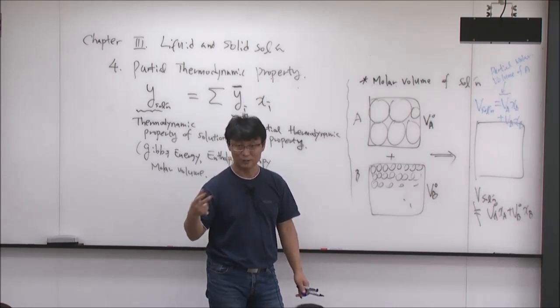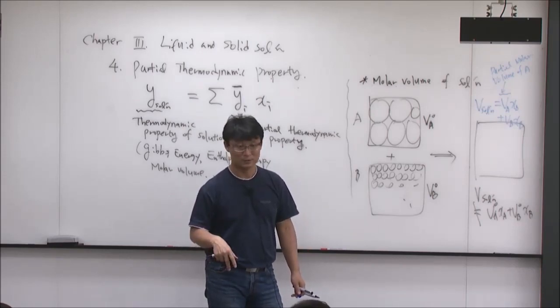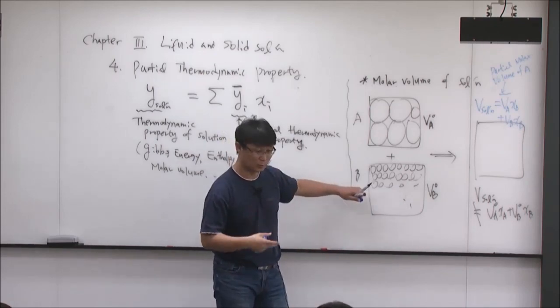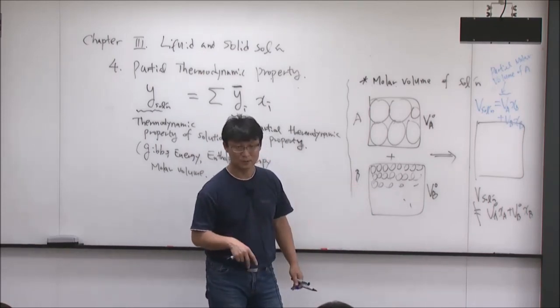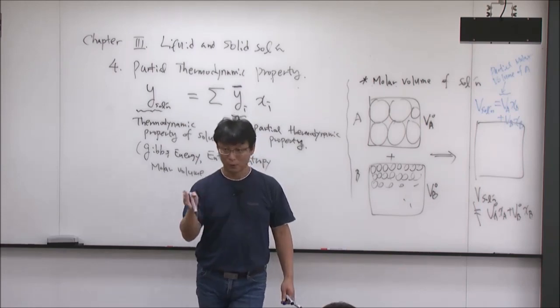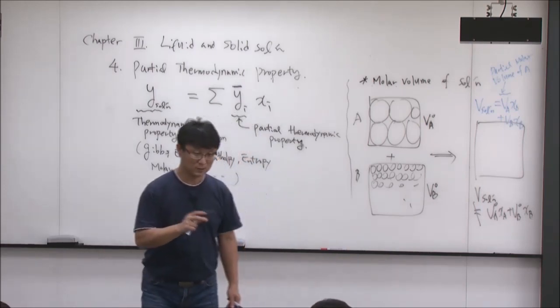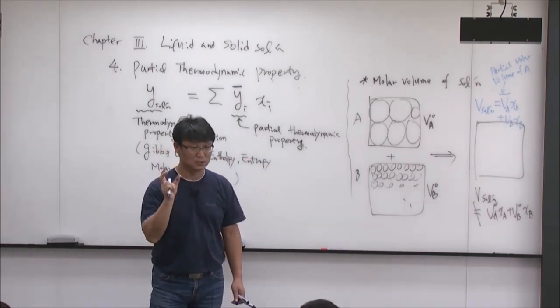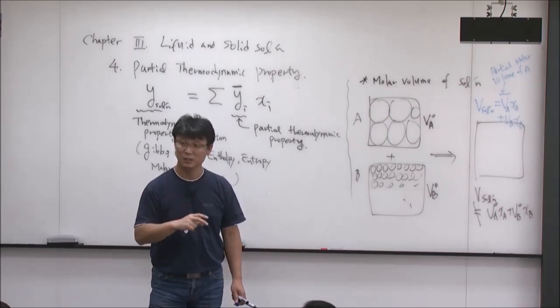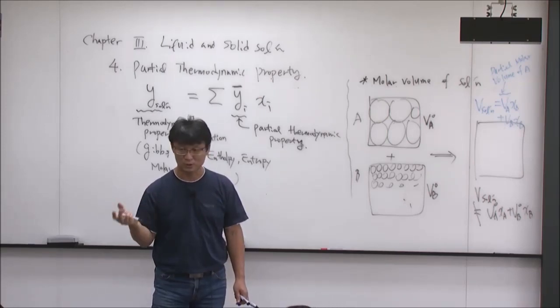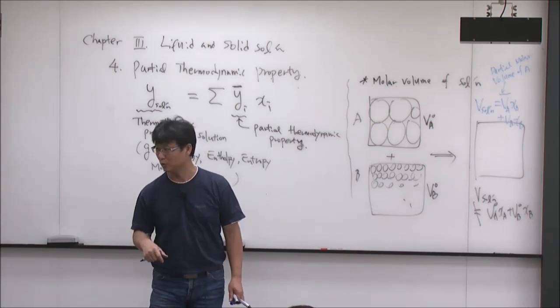So it starts to increase the actual molar volume. You can see the actual contribution of molar volume by the B balls. So the molar volume of A and B is not simply changed by temperature and pressure. It can also be changed by the composition of the system, the composition of the solution.